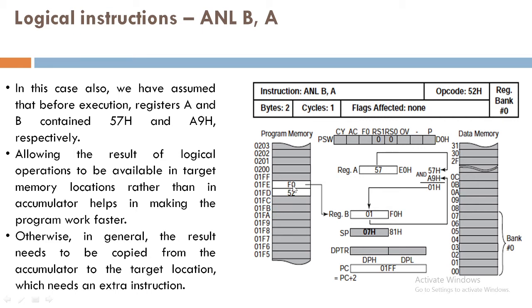But in this case the content of the accumulator is getting ANDed with the previous content of register B, and the result is being saved in register B, not in the accumulator.